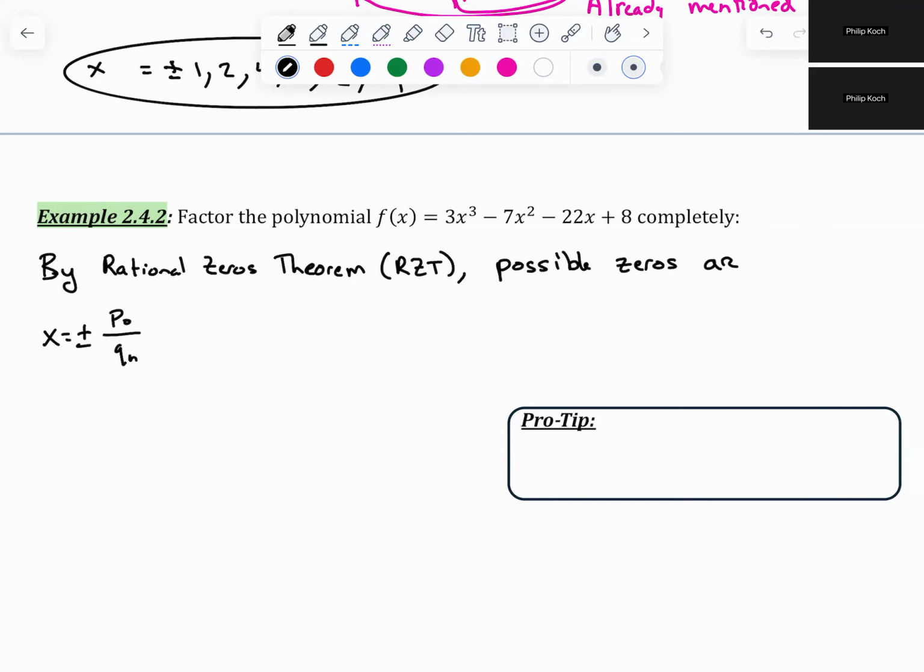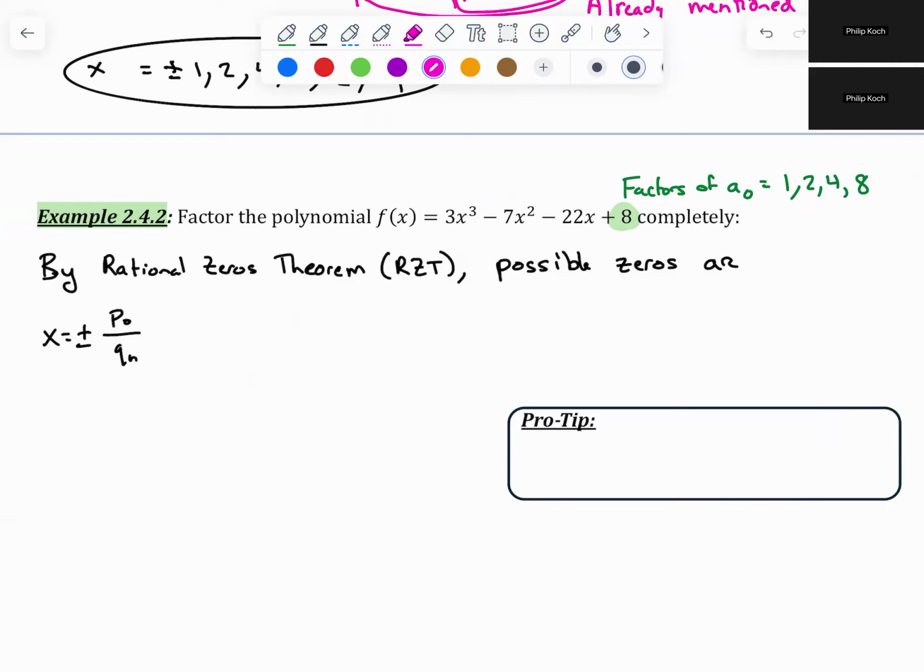So I'm going to highlight them and say, which one is a sub 0? What number is a sub 0? 8. So factors of a sub 0 would be 1, 2, 4, and 8. And a sub n is our leading coefficient.